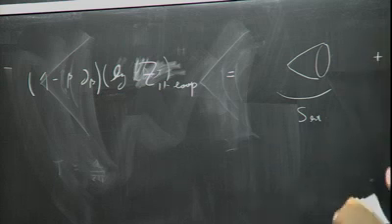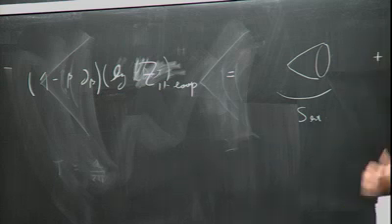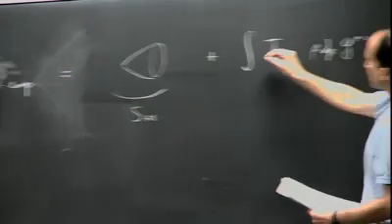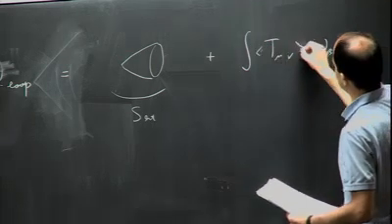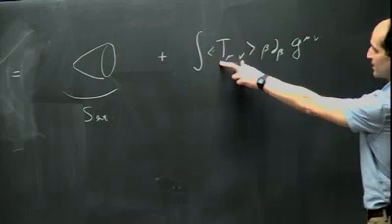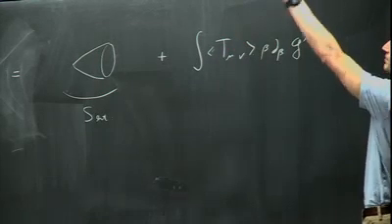And then there is the explicit dependence of the metric of the black hole, and this has the form of the integral of d mu nu beta d d beta of g mu nu. Okay. So this is the quantum expectation value of the stress tensor due to the one loop corrections.